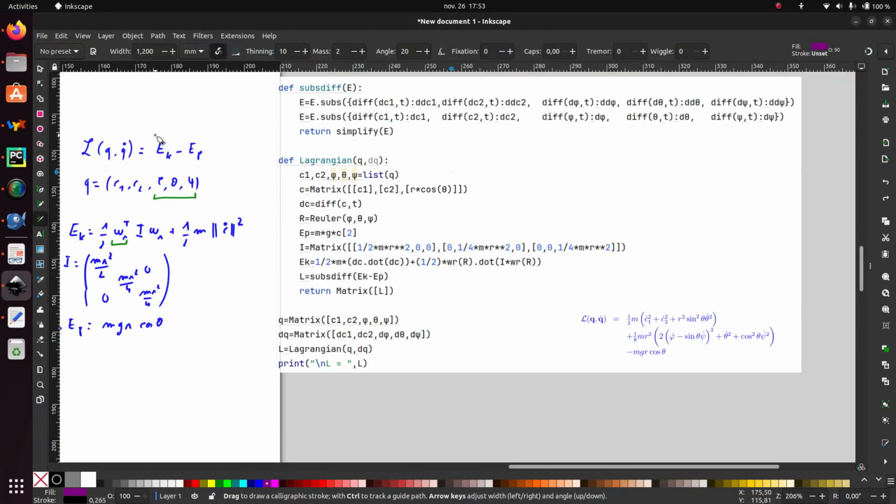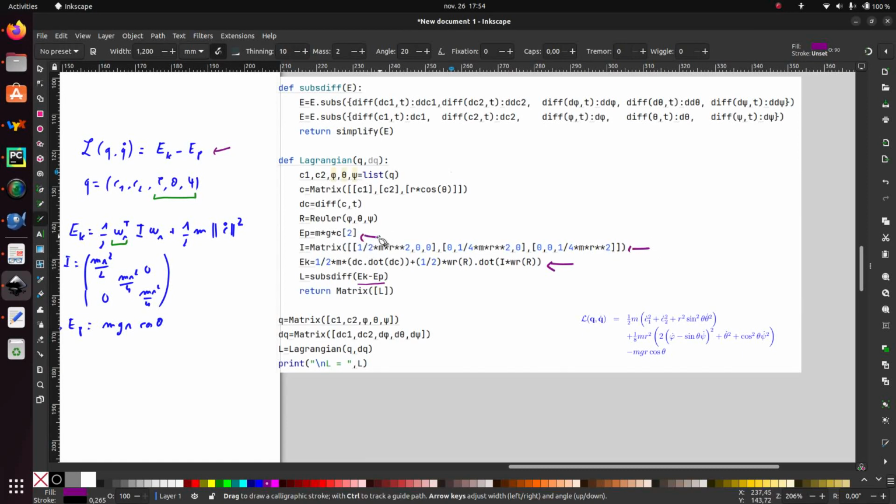To compute an expression for the Lagrangian, I will use what I have described before. I make the difference between the kinetic energy and the potential energy. The kinetic energy is given here, with the inertia matrix. The potential energy is given here.